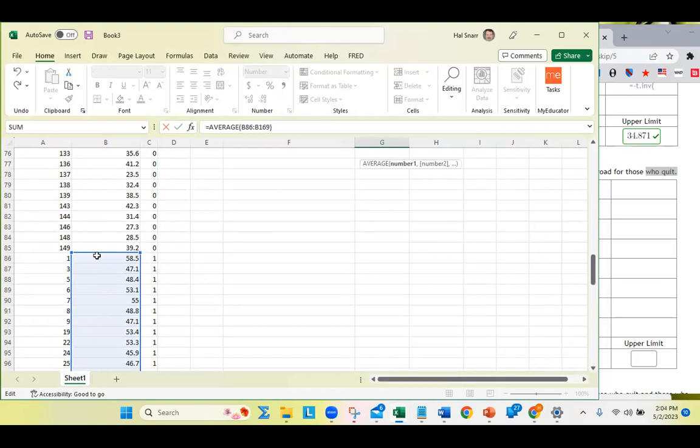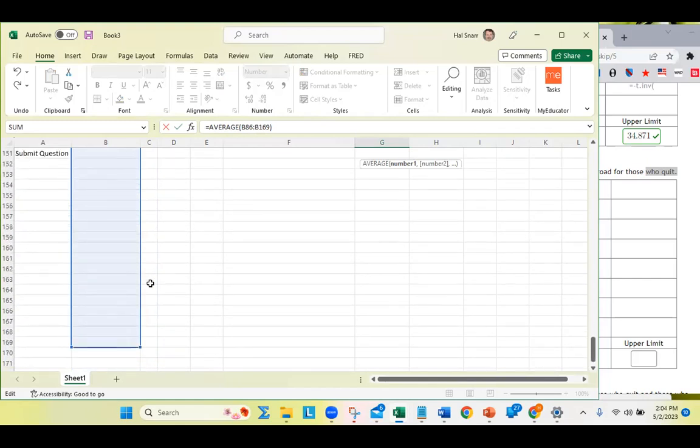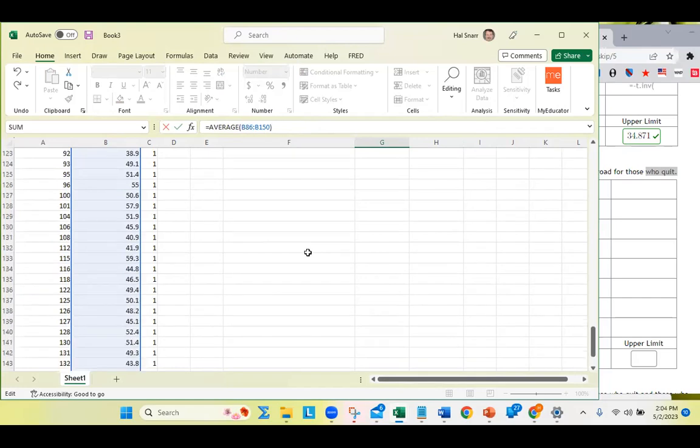Now the blue box should be around the percent of time on the road for my employees who quit. Then we go to the bottom and see if it's okay. I'm going to move this box up to here.